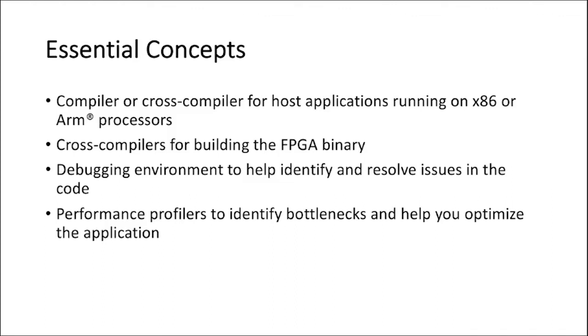Also, we have an FPGA processor, and we can write RTL or HLS code, and we also need a compiler for it. And we also have a debugging environment for us to debug the application we write in this flow. And then we will have some important performance profilers to help us identify the bottleneck and optimize the application.